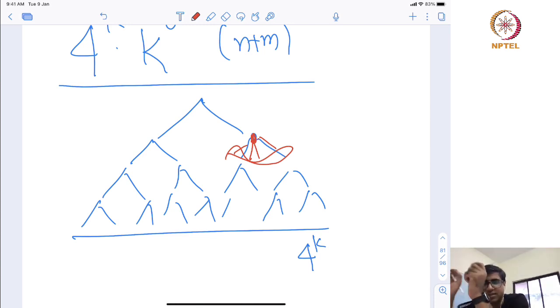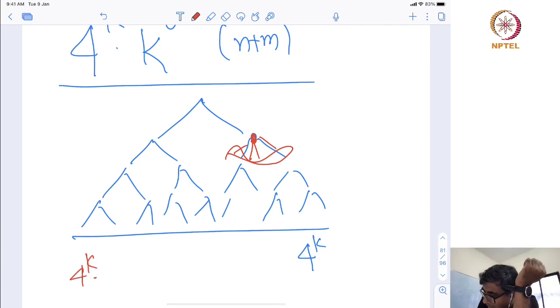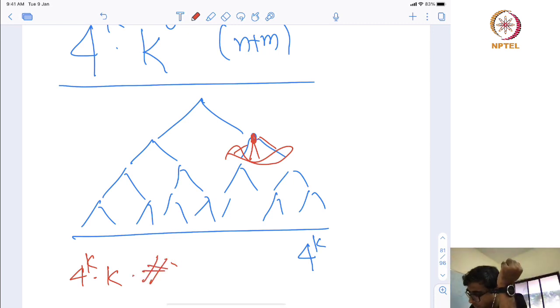So there is some subtlety that we need to handle, but we can handle those subtleties, leading to a 4 to the power k algorithm. So ultimately we will show that the amount of work everybody does is proportional to the total number of edges in this tree, which is roughly 4 to the power k times k.